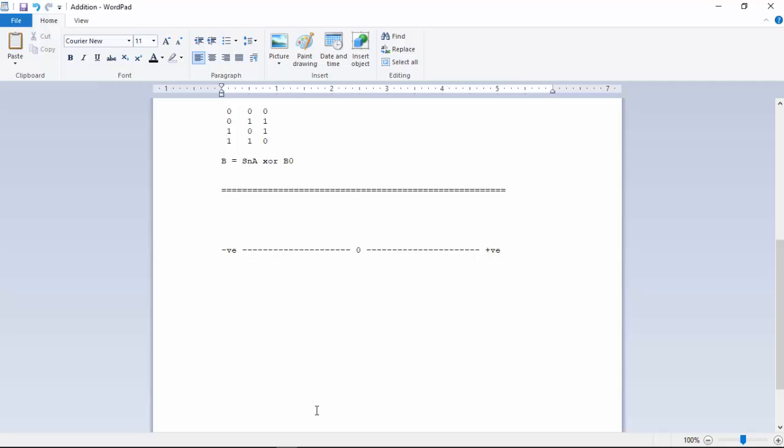So let's say I have two numbers A and B here, and I want to do summation. As I said, subtraction is nothing but a summation, an addition process. Let's talk about two positive numbers, A and B, both positive.